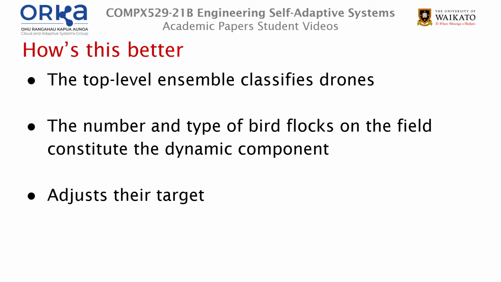So, does this system work better? Firstly, the top-level ensemble classes are drawn as either ready for action or needing charge. The determination of the drone state is based on the component's current mode and its respective energy level.